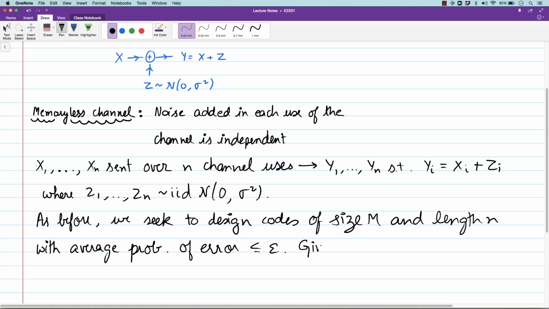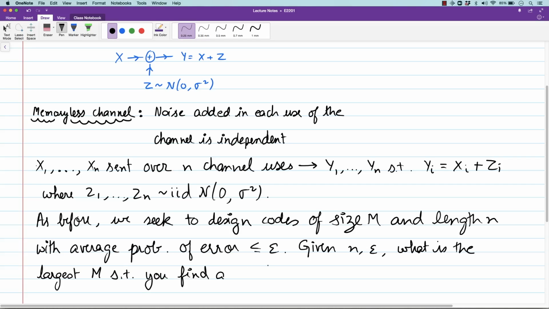So given, say, n and epsilon, what is the largest m such that you can find a code of size m, of length n and average probability of error less than epsilon?